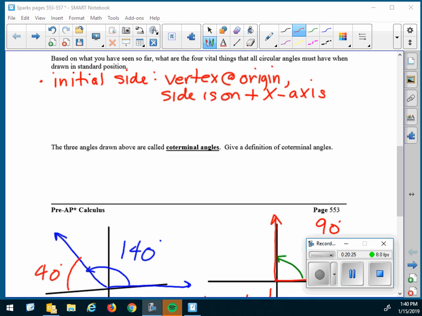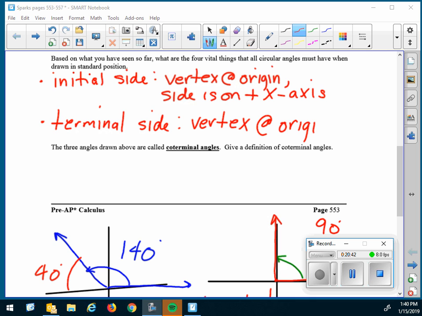Good so far? You must have a terminal side. The vertex or the end point of the terminal side must also be at the origin.